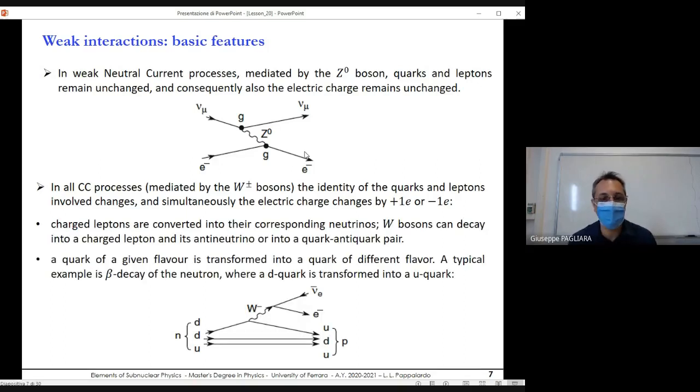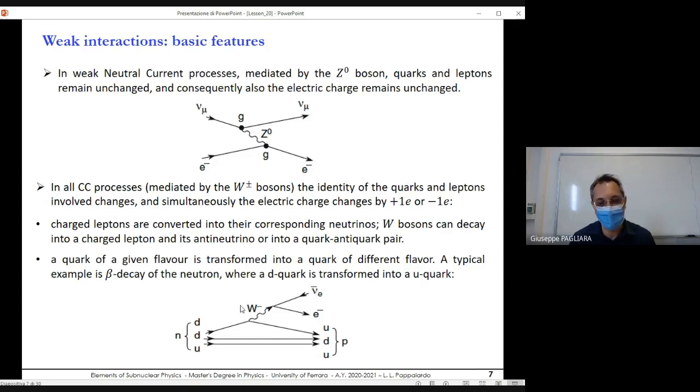An example of this is, again, the beta decay, the decay of a neutron into a proton, that now you see for the first time in terms of quarks. So in terms of quarks, what happens is that the neutron is a UDD object, the proton is a UUD object, and in the beta decay, one d quark from the neutron transforms into an up quark, with the emission of a W, which further decays into an electron and an antineutrino.